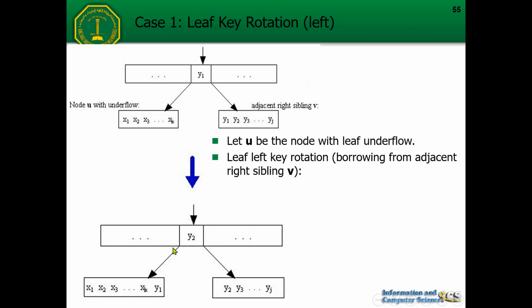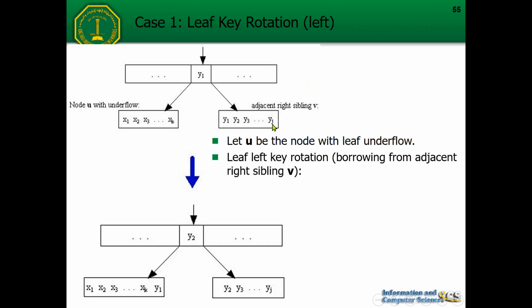As we can see, after a delete operation, this leaf node becomes underflow. It happens that the adjacent right sibling contains keys that can be borrowed, meaning that the number of keys in this right sibling is more than the minimum, the ceiling of L over 2. So we can borrow a key from this right sibling.